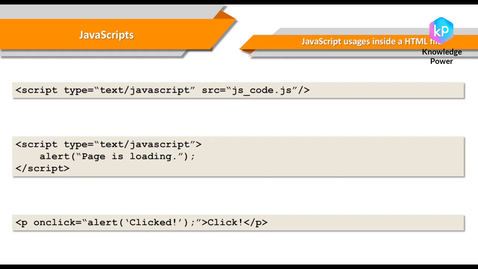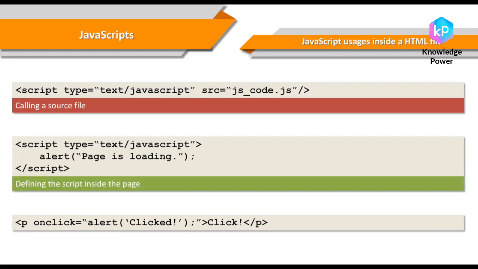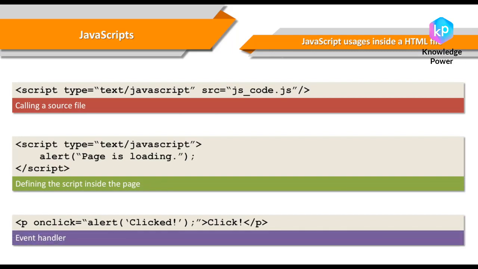The majority of websites employ it, and all modern web browsers support it without the need for plugins. JavaScript can be used in an HTML file in three different ways. You can write JavaScript code into a different source file and call it from the HTML page. You can write script code into the HTML file using script tags. You can write script code in event handlers.